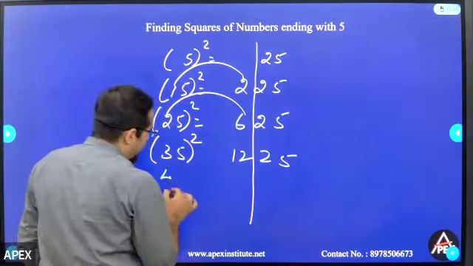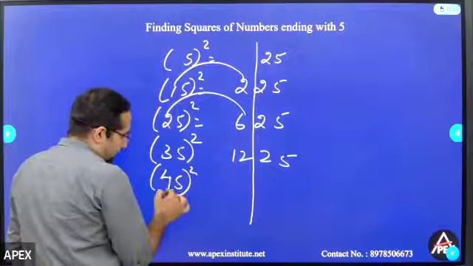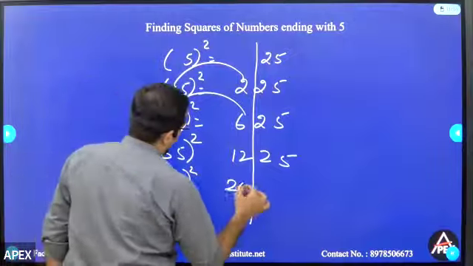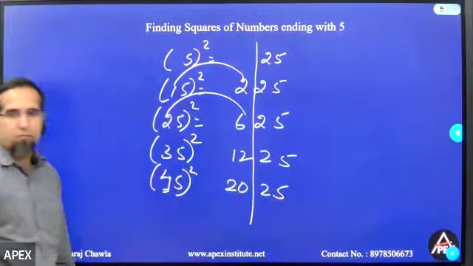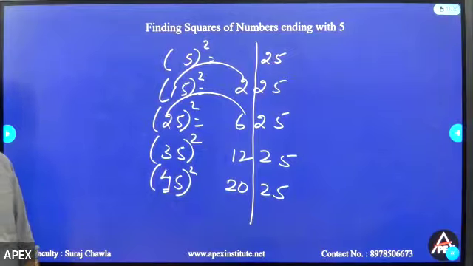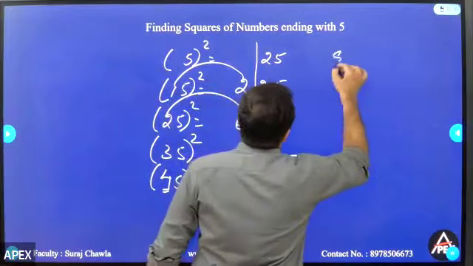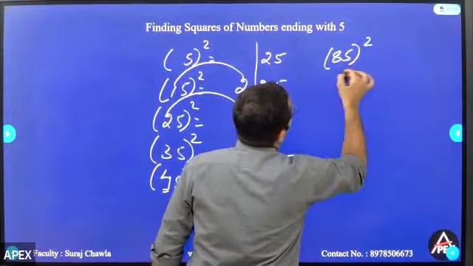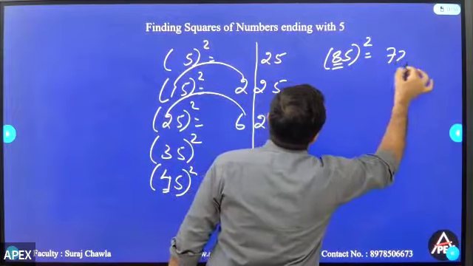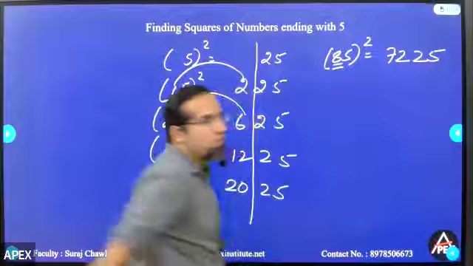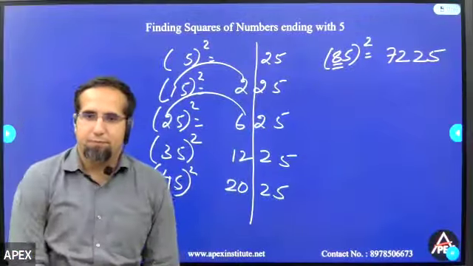Similarly, 45 square. 4 into the next number, 4 5s are 20, clear. Let's take 85 square. So I have to pick 8 into the next number. 8 9s are 72 and the number will end with 25.